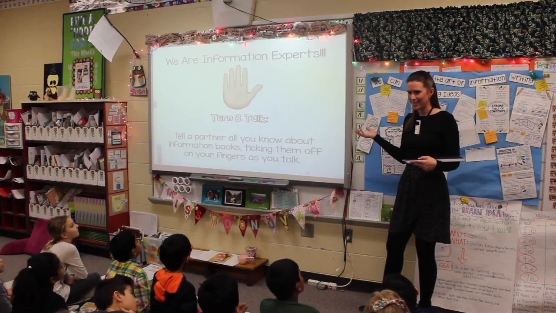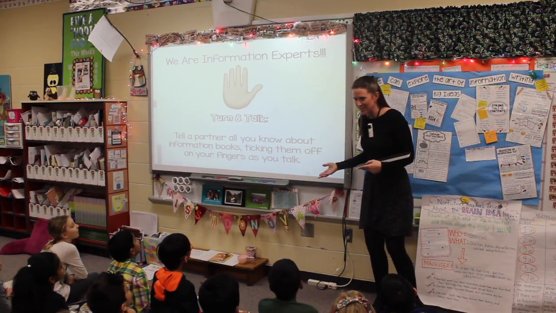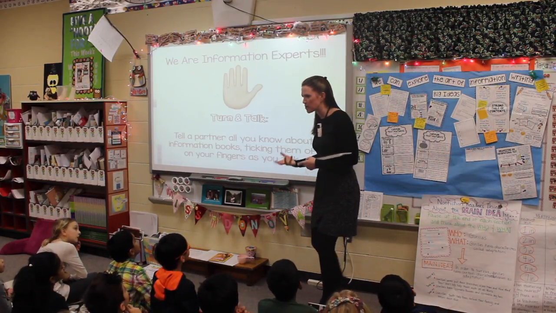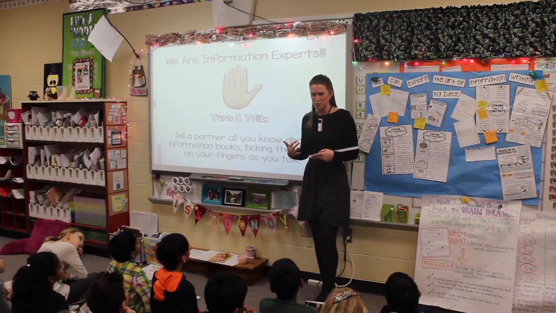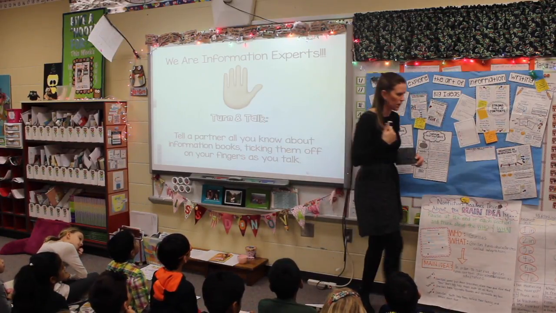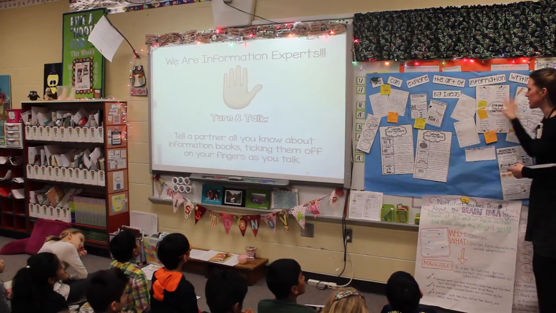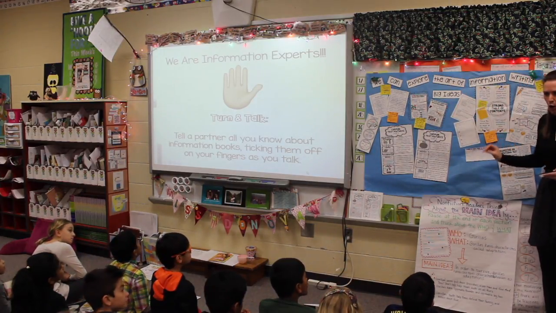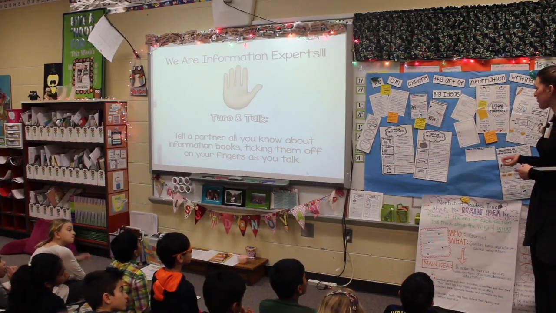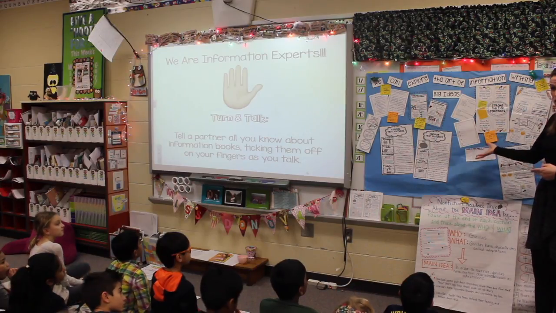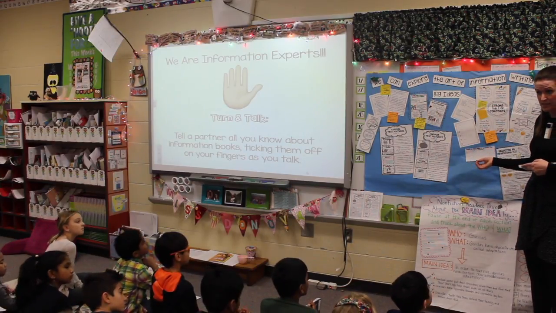Like I said, we're already experts. It seems like we know so much right now about information writing as we've been going through this unit. And when I look at this big idea chart, it just shows me all of the things that we've been talking about and that we know information writing needs.